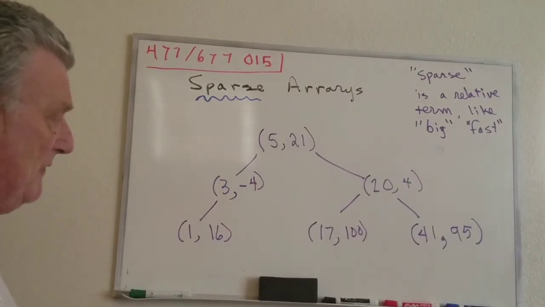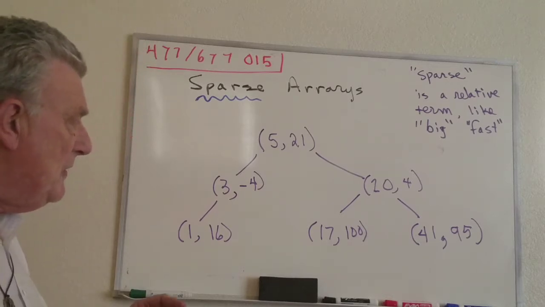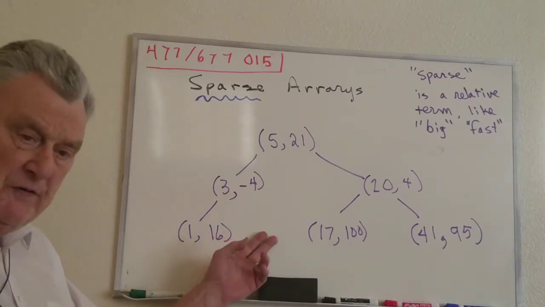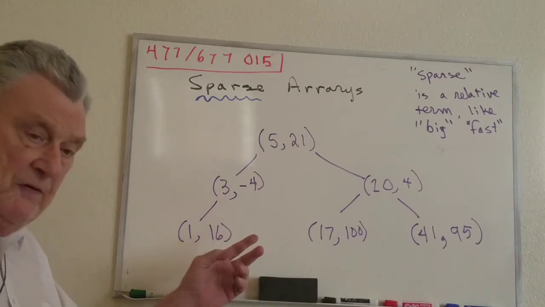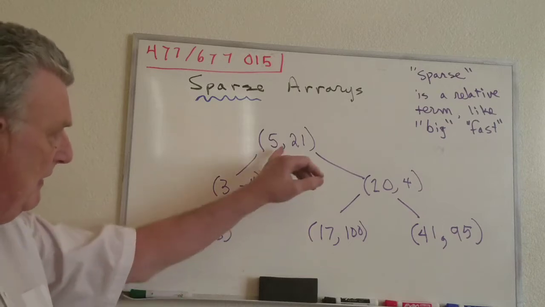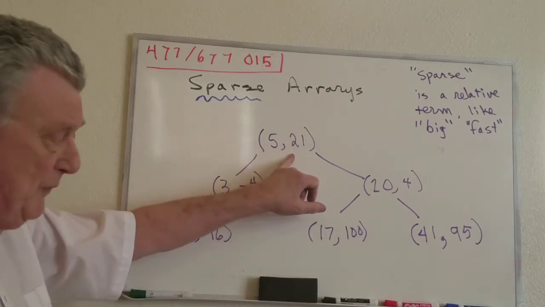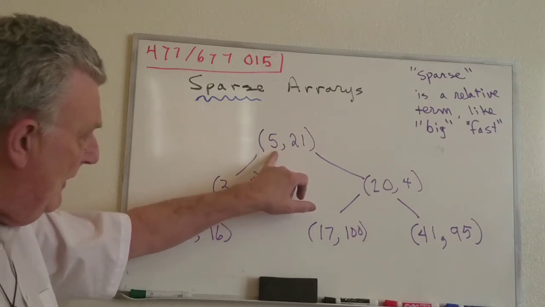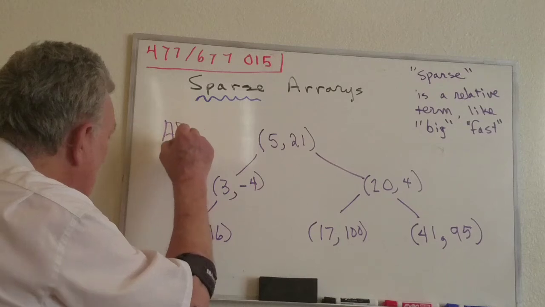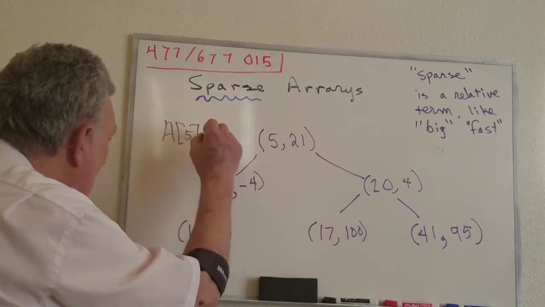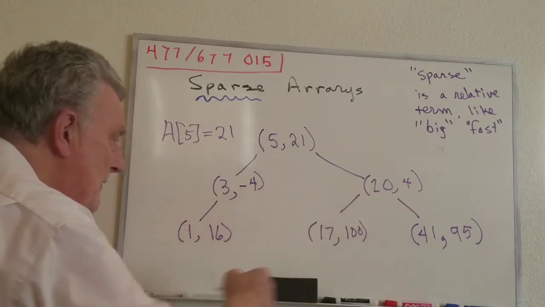When we have a sparse array, one way of representing it is to use a search structure. Here I'm using a binary search tree, where the key is the index. And every element of the binary tree is an ordered pair, such as A of 5 equals 21, and A of 3 equals -4, A of 20 equals 4, and so forth.